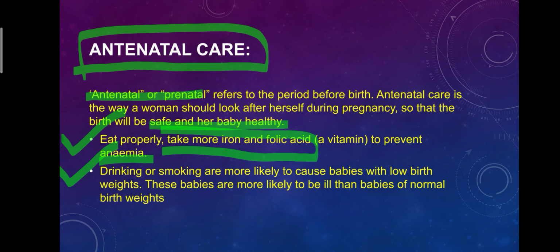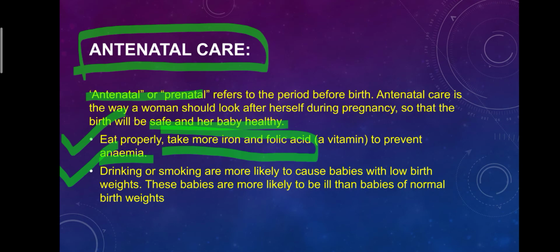So, antenatal care is the care which women should take during pregnancy, looking after themselves. They should eat properly, take iron and folic acid in their diet, and also take the supplements of iron and folic acid recommended by their doctor.